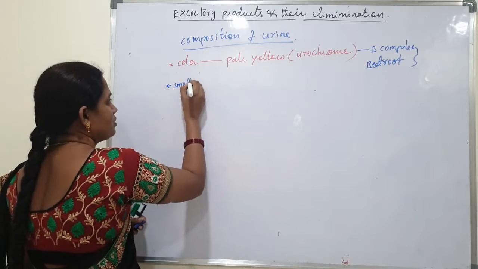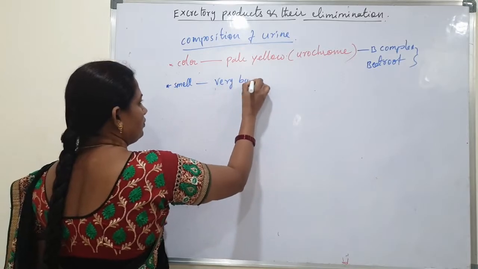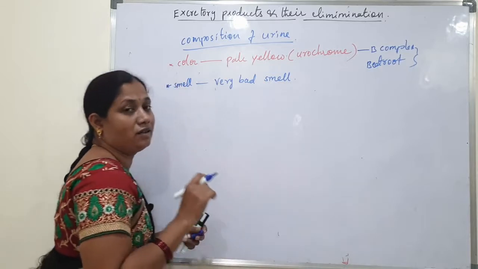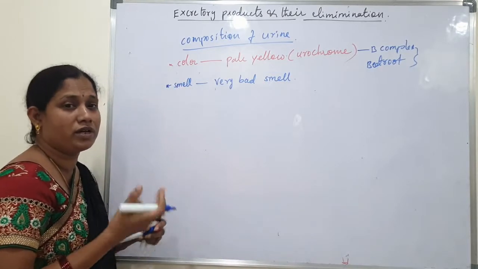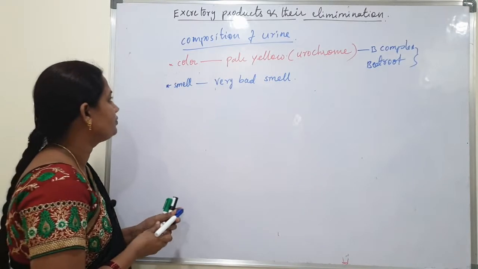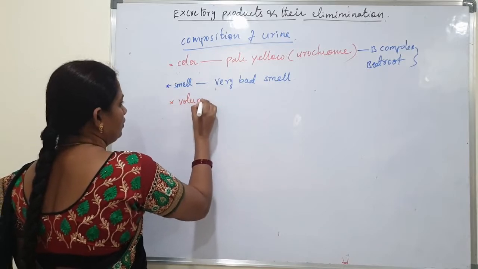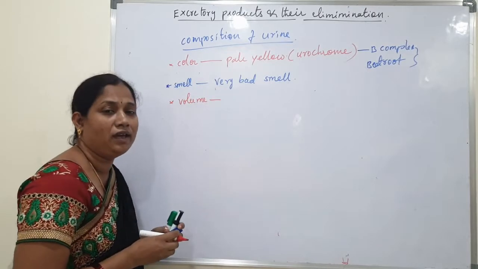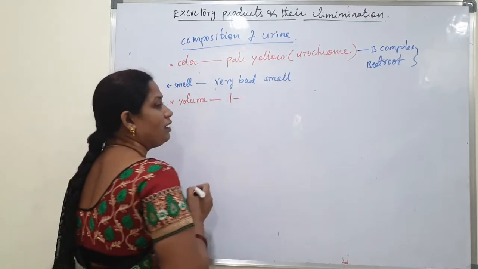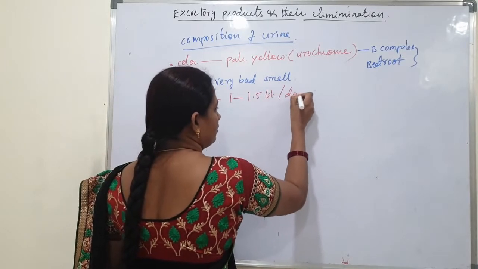Next, smell. It gives a very bad smell because of urea. In the urine, urea is present, so urea gives the very bad smell. Next, volume. A normal healthy person can release 1 to 1.5 liters per day.